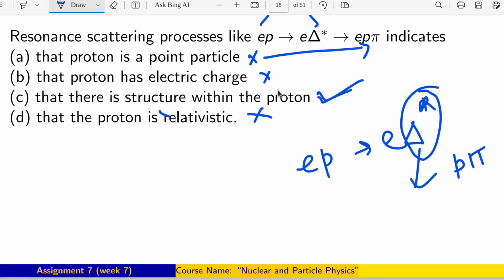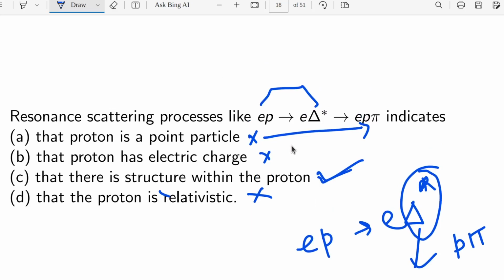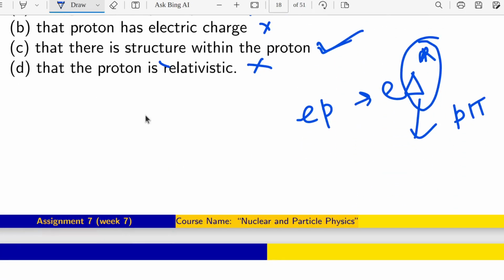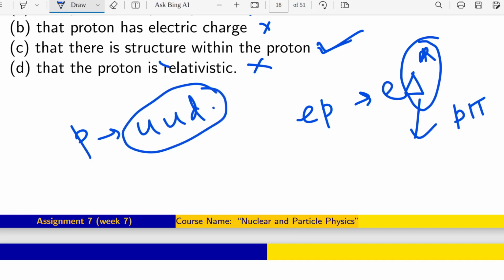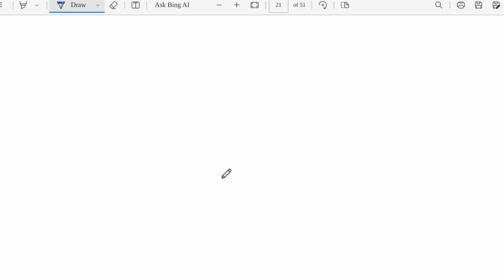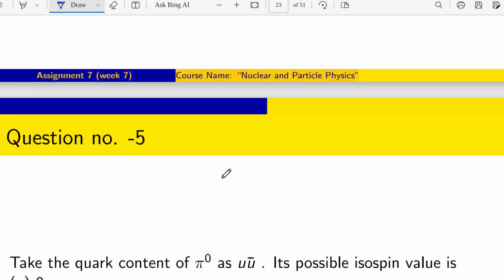So I think it is clear to all of you how e p going to e delta star lets us conclude that proton itself has a structure within it. And what will be the structure? Obviously we all know that P is UUD. That means there are 3 quarks inside the proton. Okay, I think it's already understandable.